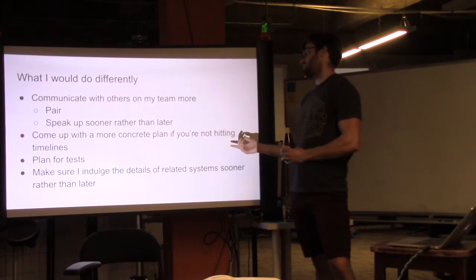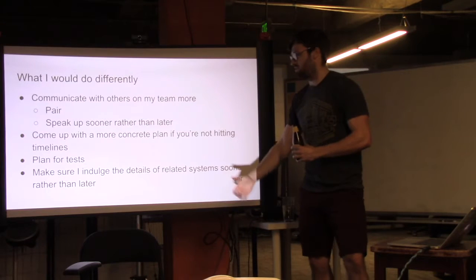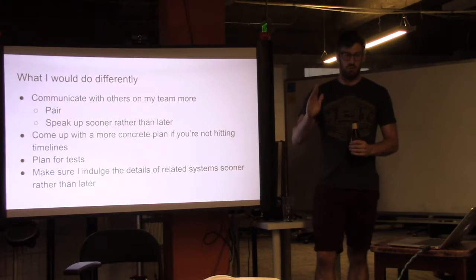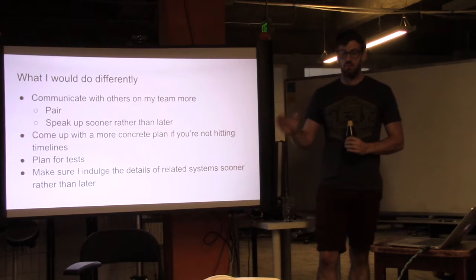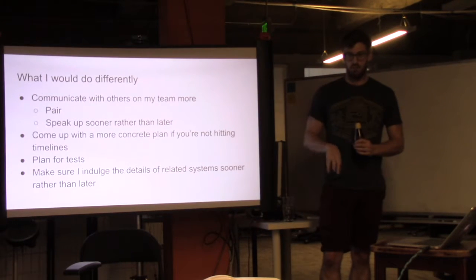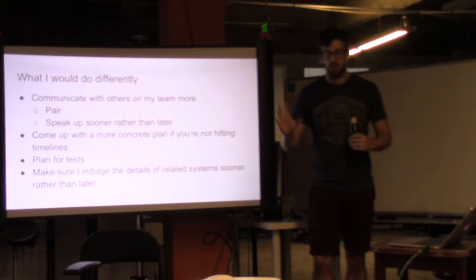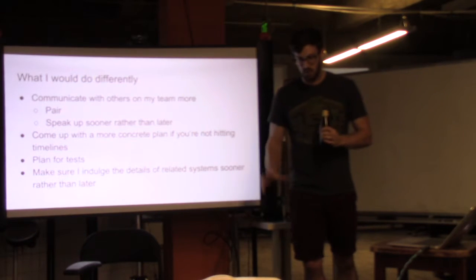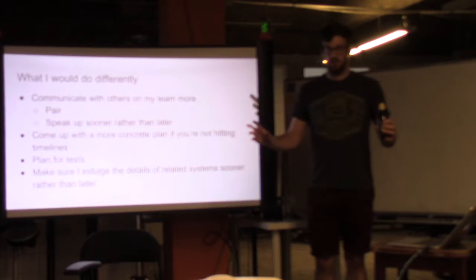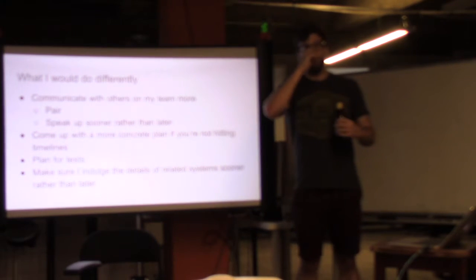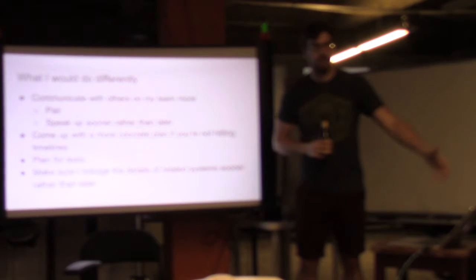Come up with a more concrete plan if you're not hitting timelines. What I mean by this is, before you get to the point where you're behind, usually I would say maybe post arc review, so after you have an understanding of the system and you know how you want to approach the problem, talk to the stakeholders about what happens if I'm not here by then? What happens if I'm 3 days behind?